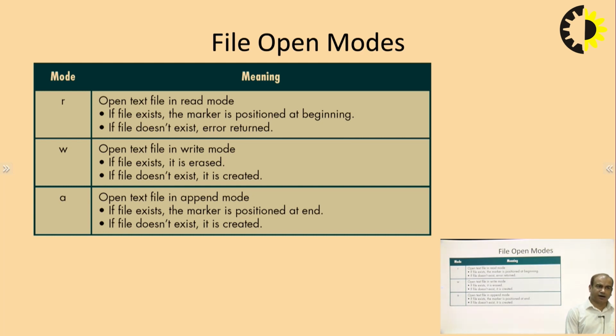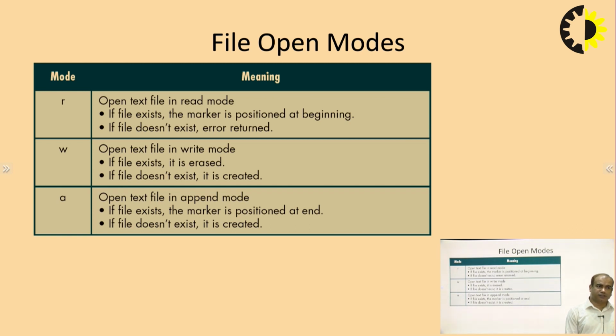Once we define r as a mode, the file will be opened in reading mode. If the file exists, the marker is positioned at the beginning of the file. If the file does not exist, it will return an error. So, by this we check whether the file exists or not.